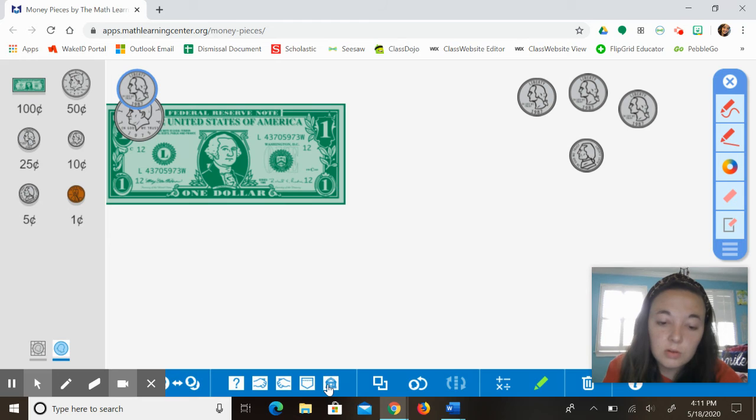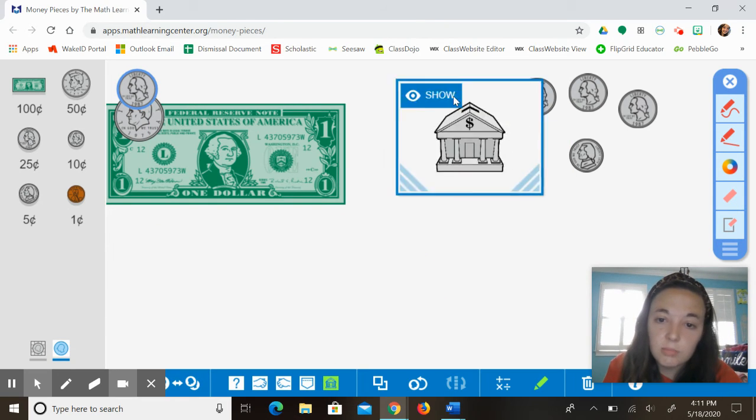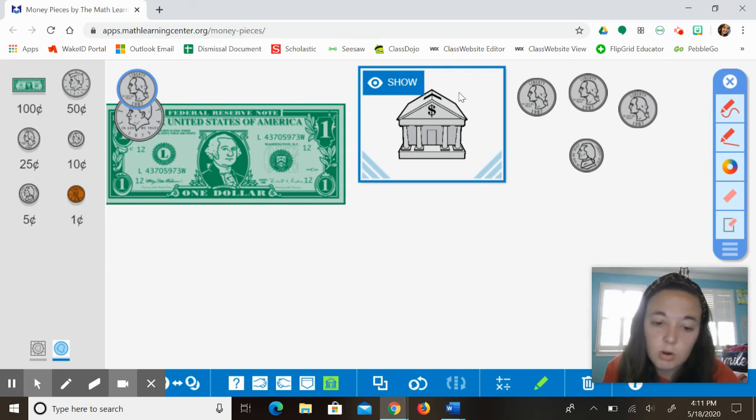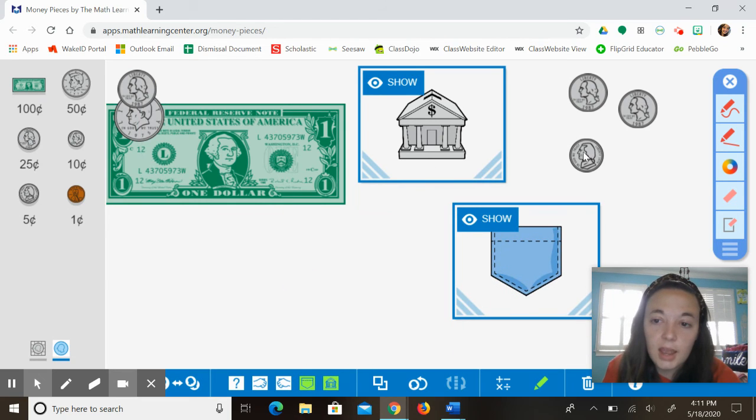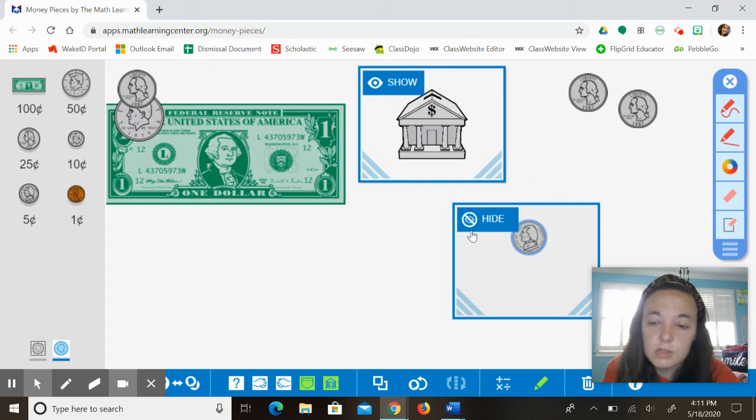You can play around with it a little bit more. You can pretend and make a story problem. Say you're going to the bank, and you can show your money in the bank. You can also do the pocket and say, I had 5 cents in my pocket. And then if you click this, it'll show what's in the pocket. So that's kind of cool.